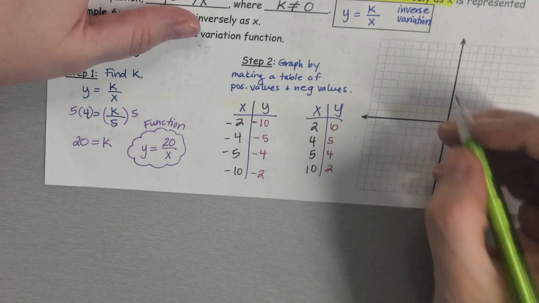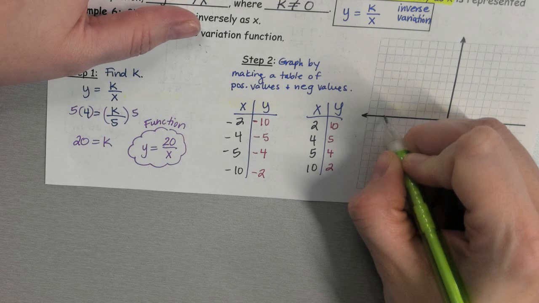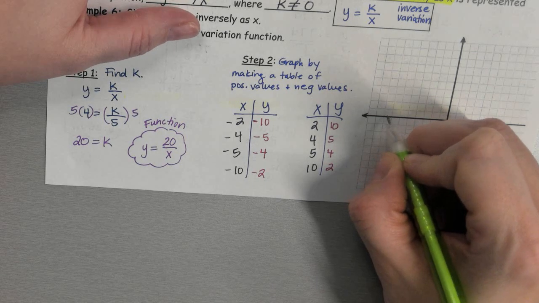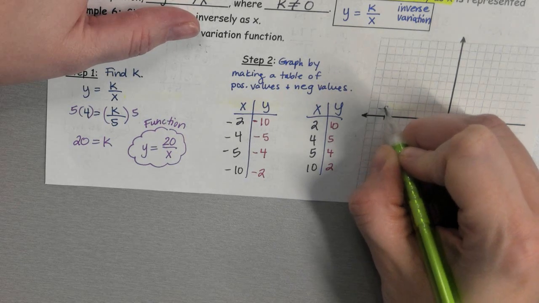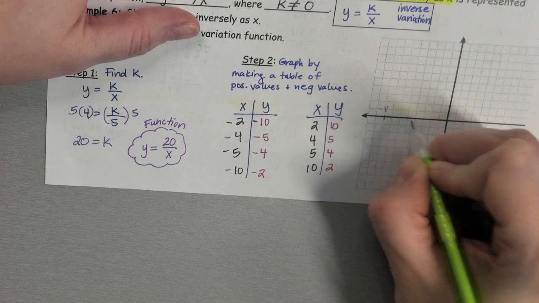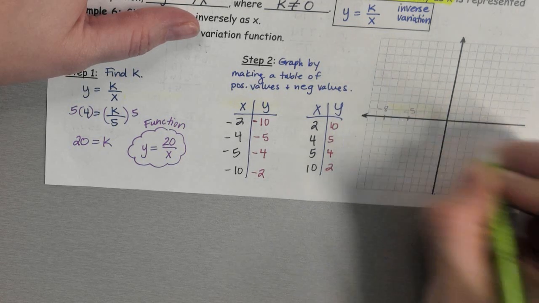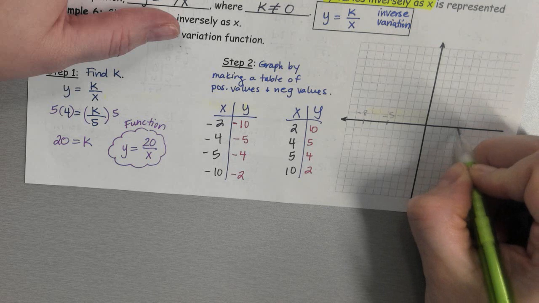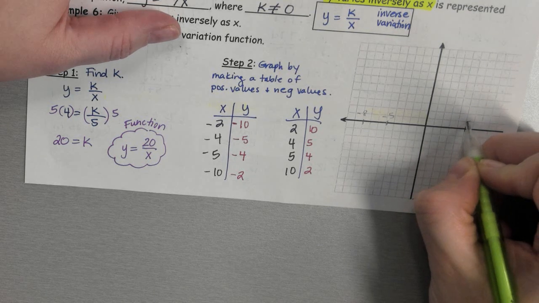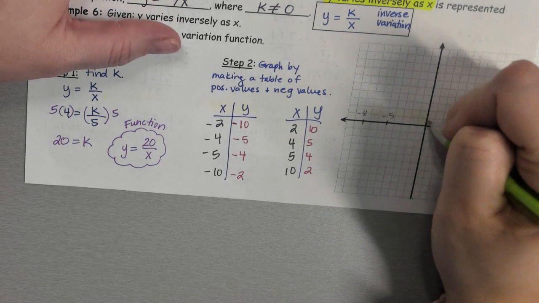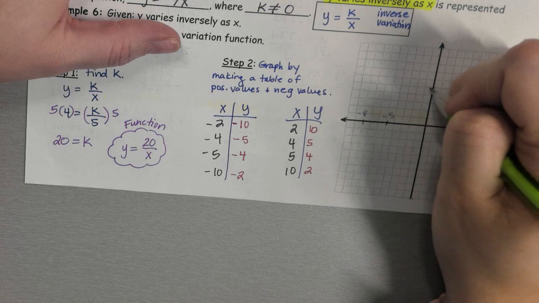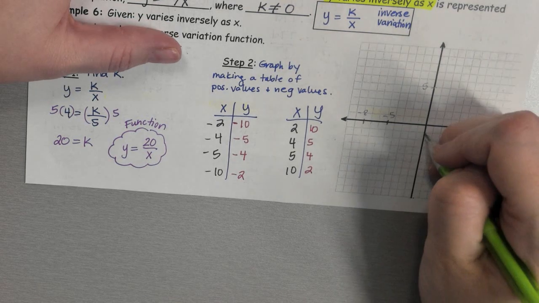All right, so we're gonna plot these points, and then I'm gonna show you how to connect them. Okay? So this is -10. So this one is -8, -7, -6, -5, 2, 3, 4, 5. This is just going to help me with my graphs. I know where 10 is.